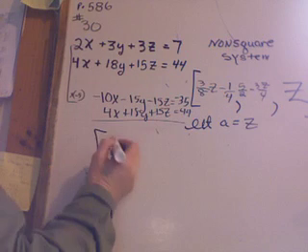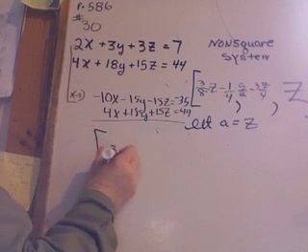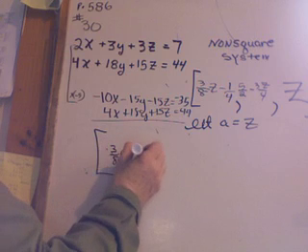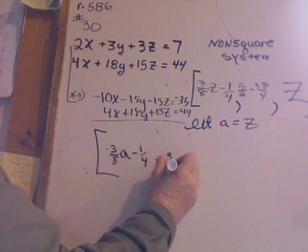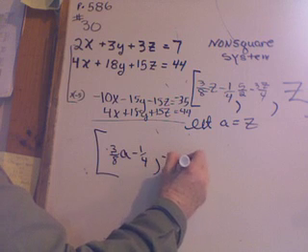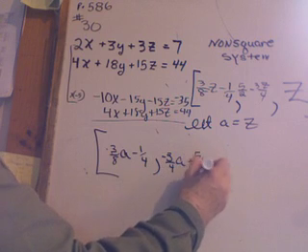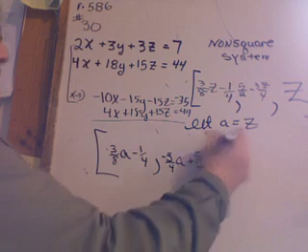So the ordered triple would really be 3/8 a minus 1/4, negative 3/4 a plus 5 halves, and a.